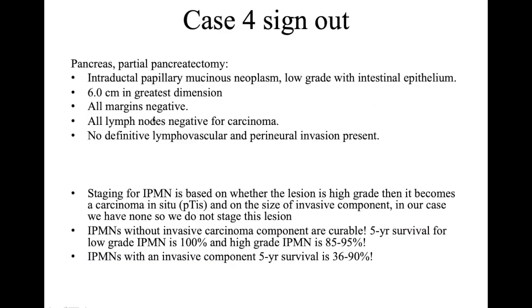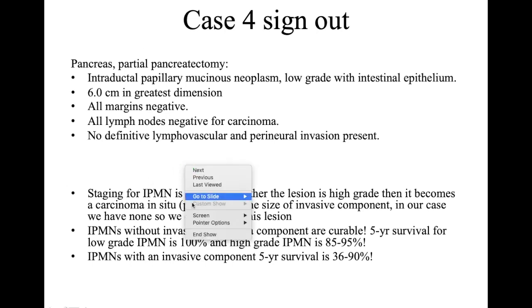So how will we sign this out? We'd sign this out as an IPMN, comment on low-grade intestinal epithelium, talk about the size in greatest dimensions, comment on the margins, comment on the lymph nodes, and say there's no definite lymphovascular or perineural invasion present. Staging for IPMN is interesting because it's based on whether the lesion is high grade, then it becomes a carcinoma in situ.